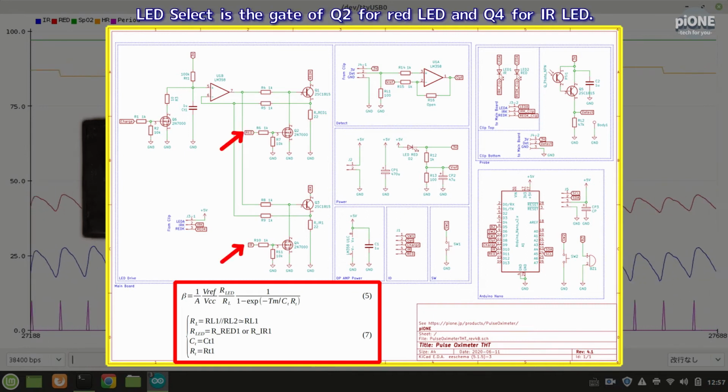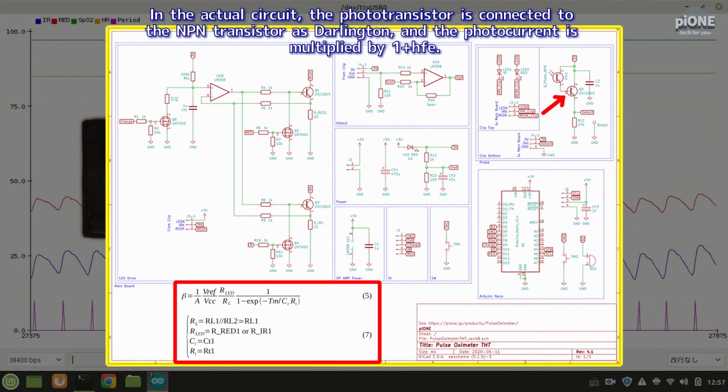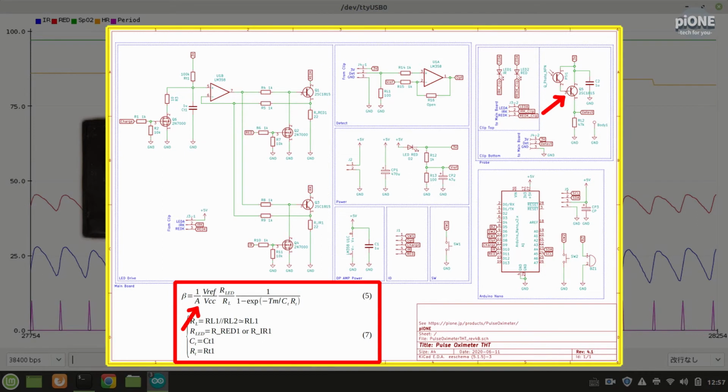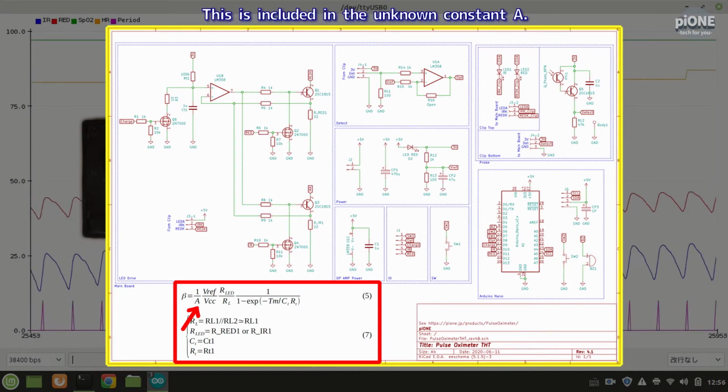LED select is the gate of Q2 for red LED and Q4 for IR LED. In the actual circuit, the phototransistor is connected to the NPN transistor as a Darlington, and the photocurrent is multiplied by 1 plus HFE. This is included in the unknown constant A.